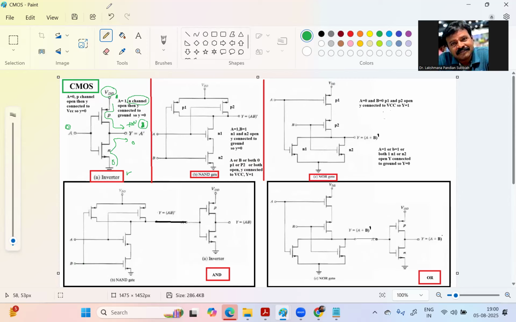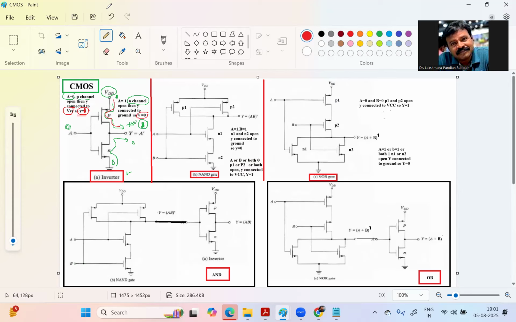If A equals 0, the P channel is open and it connects to VCC. If connected to VCC, then we are having the value 1, Y equals 1. So A equals 1 gives Y equals 0.